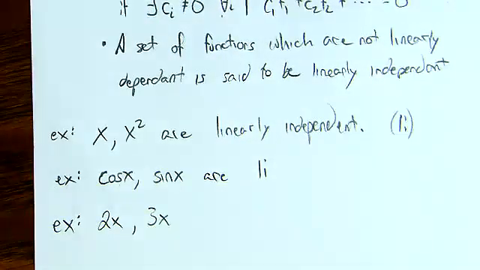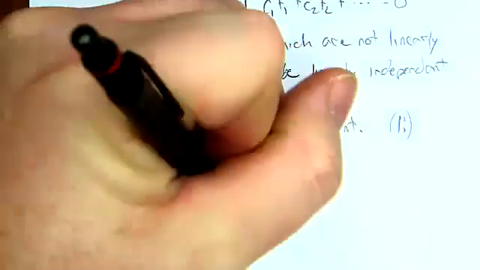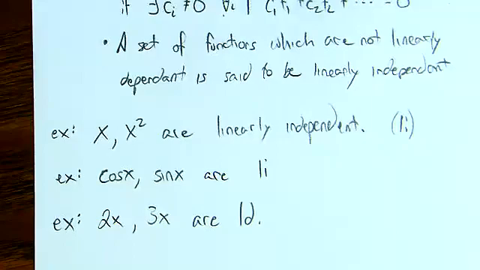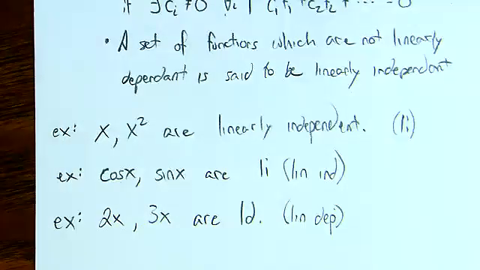These are two different functions, but I can multiply 3x by 2/3, a constant, to get this function. Thus, these two are linearly dependent, and I'm going to abbreviate that as LD.